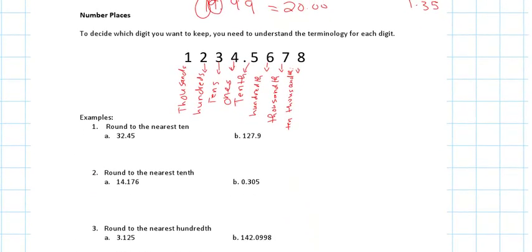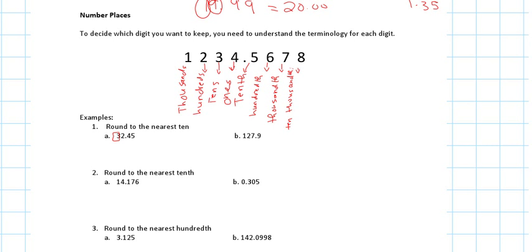The first question is asking me to round to the nearest 10. I have 32.45. Which number is my tens digit? The 3. So I want to round to this number, and I look after it. After it, I have the number 2.